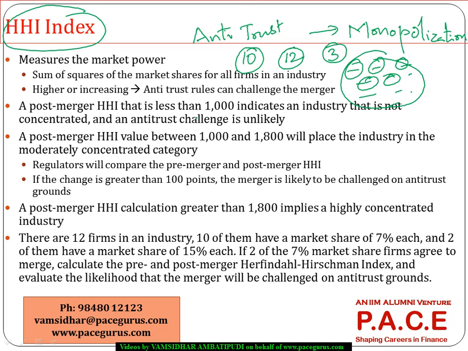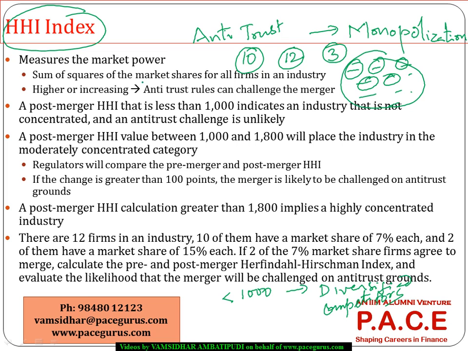Whatever number comes, you see whether it is less than 1000, no problem. It means the industry is very well diversified. So many competitors are existing in the industry. There is no scope for any kind of collusive deals or any kind of monopolization in the process.